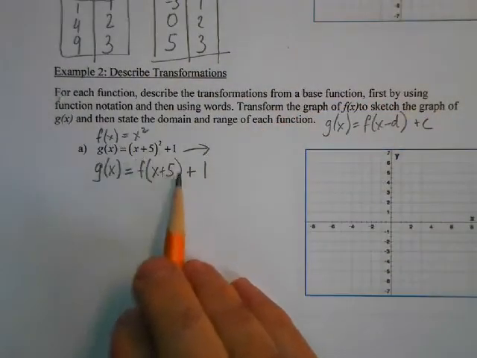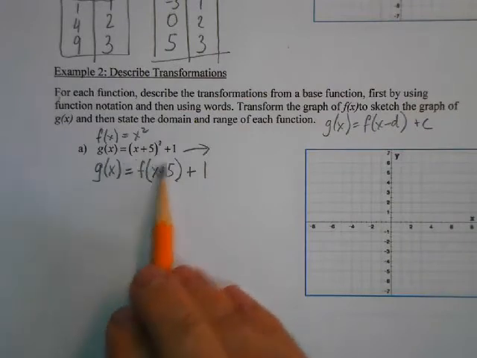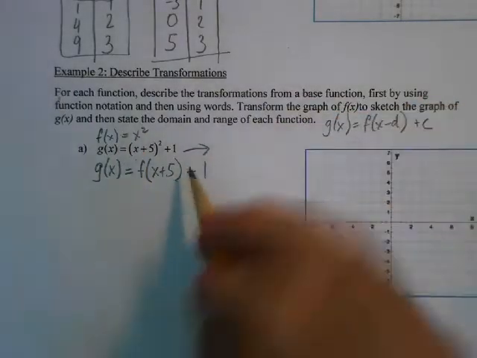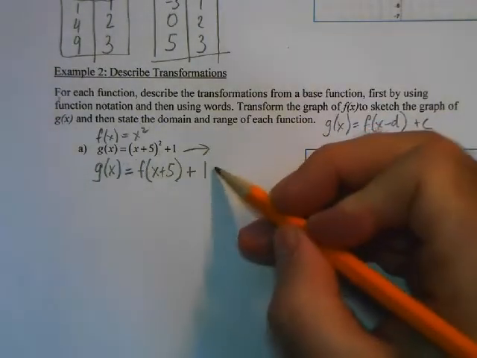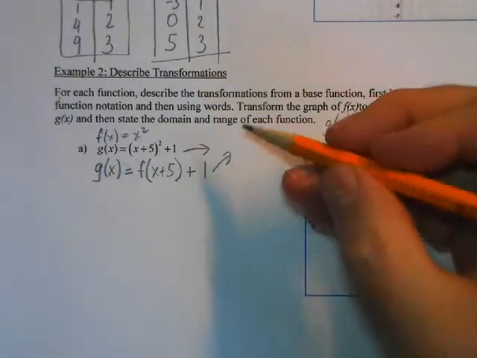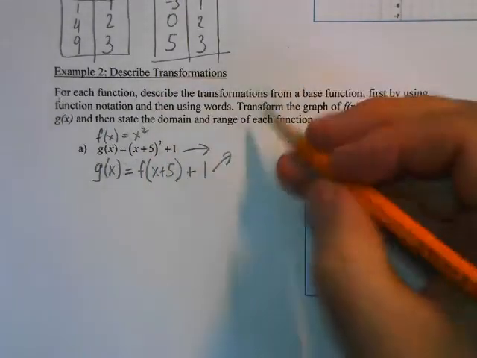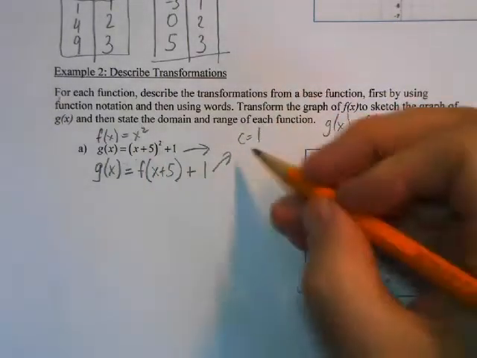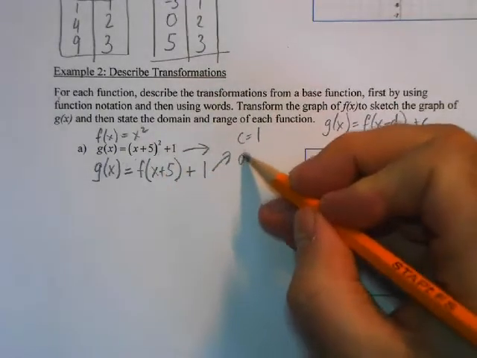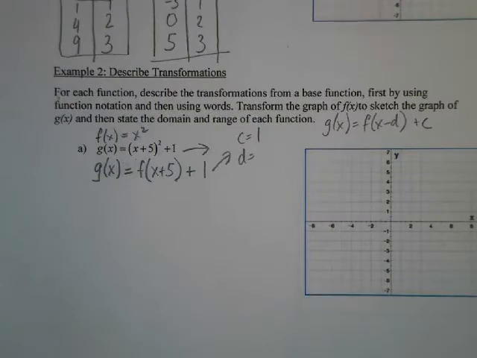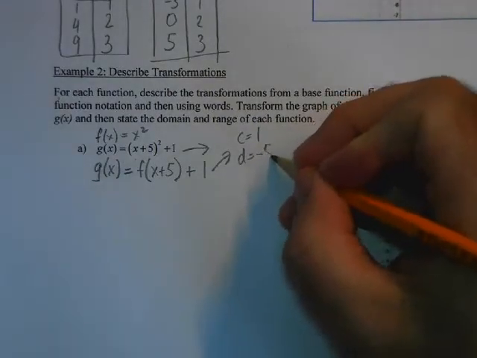Okay, it looks really similar. I've just replaced the squared with the function f, which is a squaring function. Okay. Now from either one of these, I could now pull out my values of c and d, and I can tell, well, let's do the easy one first. You can tell that c is equal to 1, and there's also a d value because it's inside the brackets, and remember we have to flip the sign to get the correct value of d, so d would be -5.